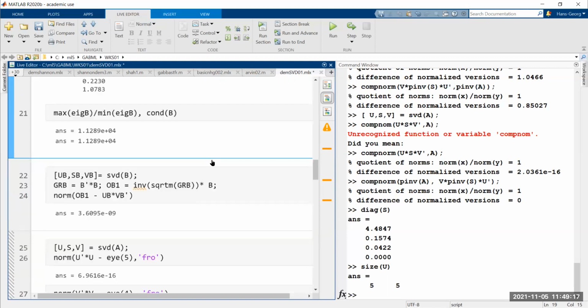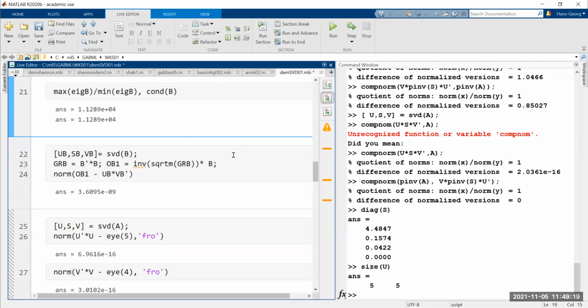Now, another story connecting the abstract theory with the concrete story, we could, of course, do the singular value decomposition of a matrix. And you may think that this is always the same as the eigenvalue decomposition if you are allowed to do this, but it's not necessarily the same.